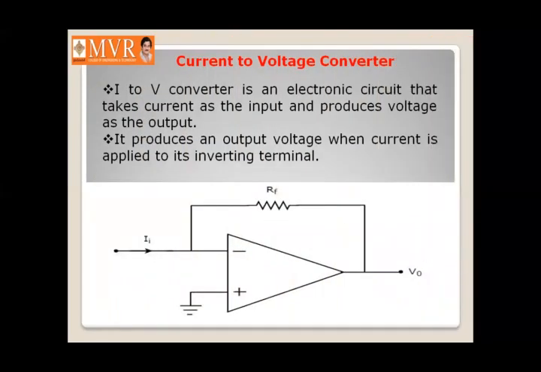Next we have discussed about the current to voltage converter, in which we give the input current to the operational amplifier, such that it produces the output voltage which is proportional to the input current variations.